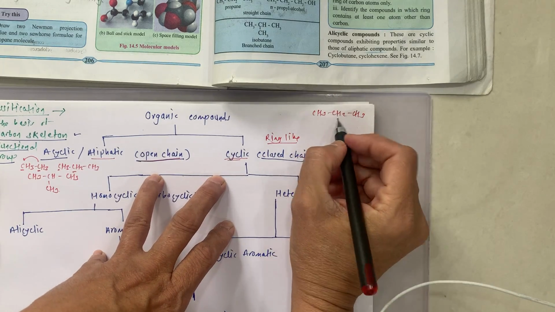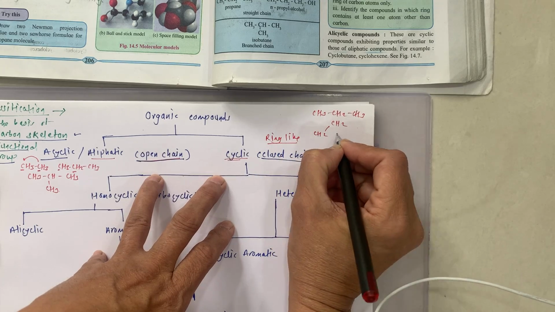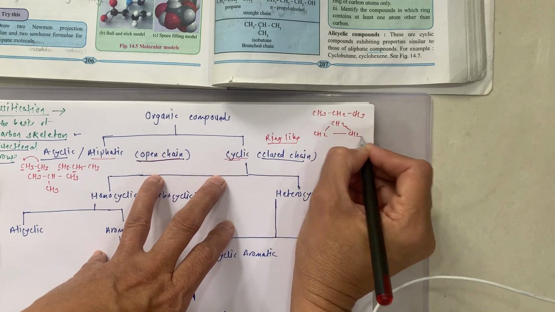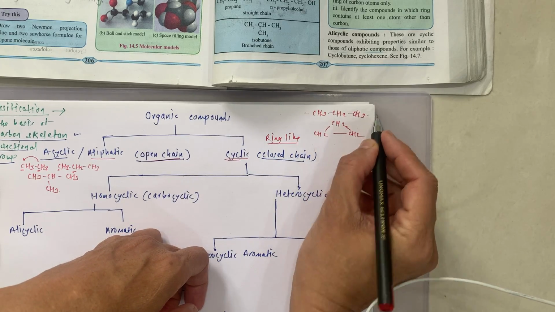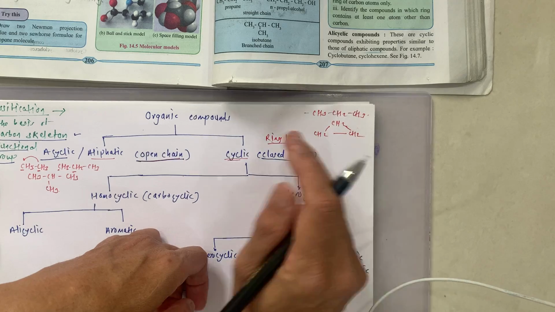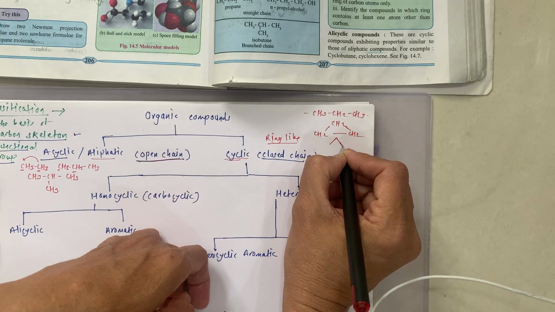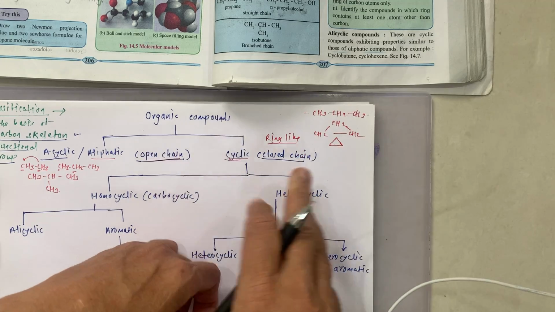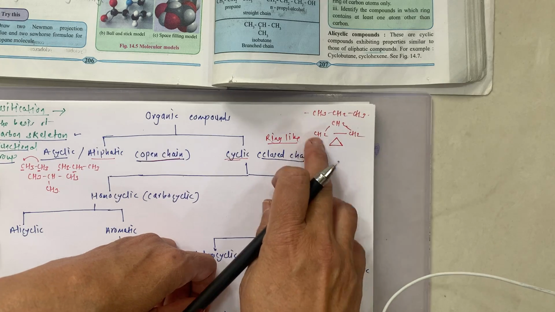But if you arrange the compound like this and like this, now these open ends are linked to each other and they form a cycle. In a simple bond line formula, we can represent this compound as a triangle, and this is nothing but a carbon cycle.